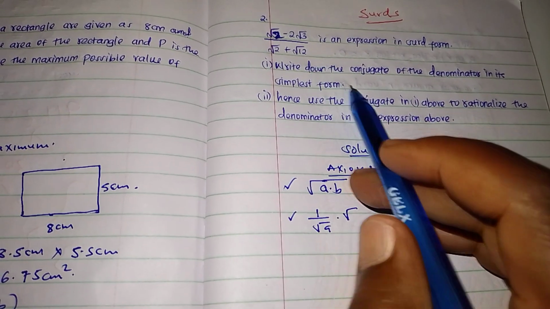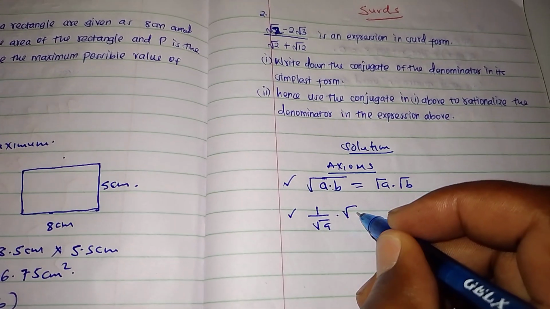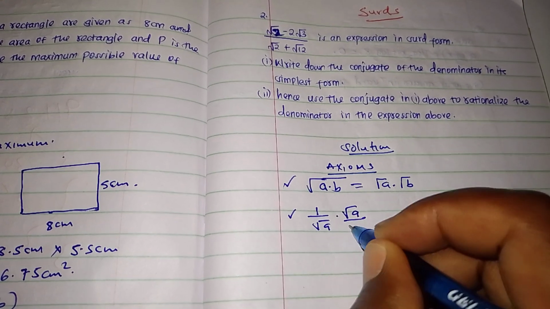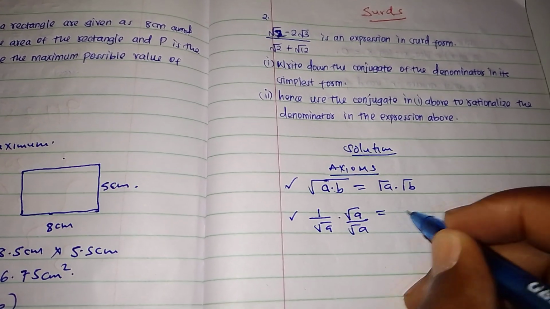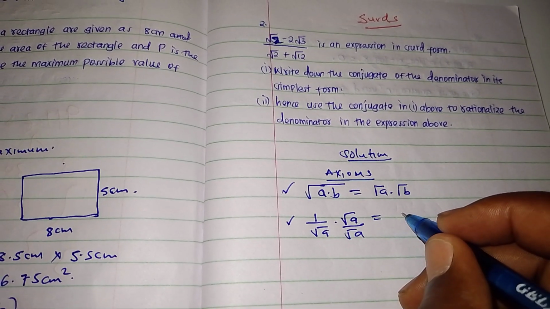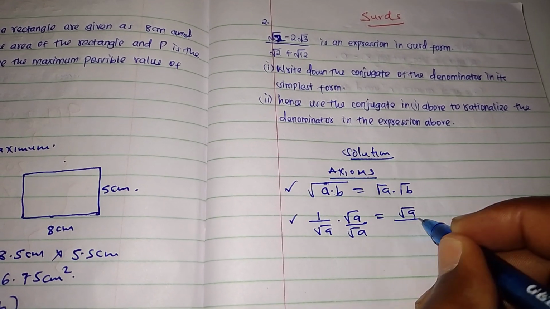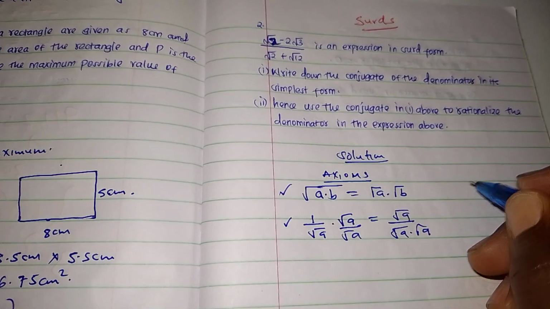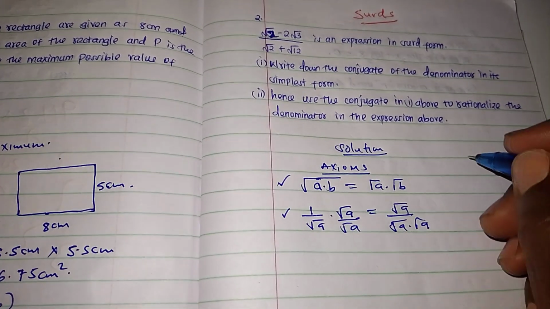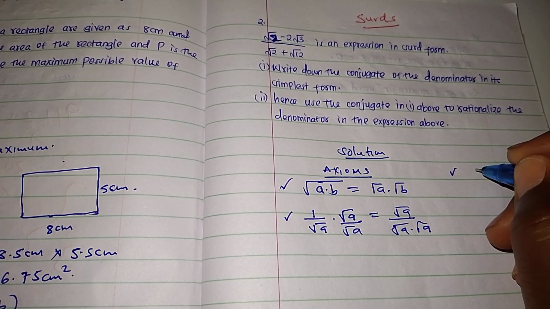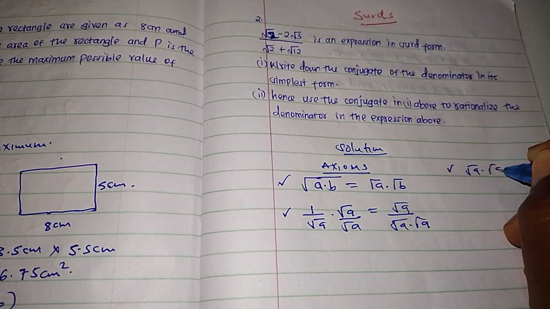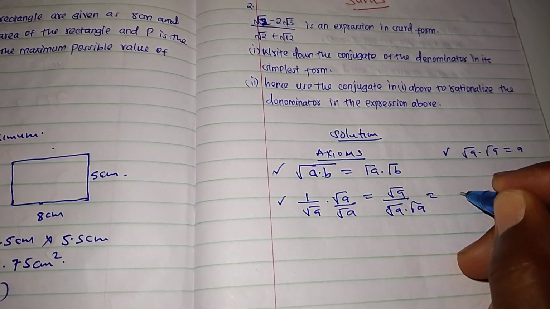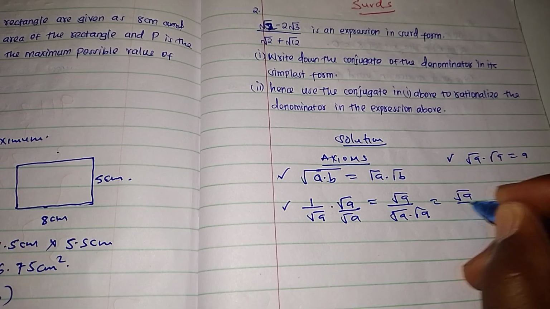The conjugate of root A is root A, that gives us root A over root A times root A, and you know very well there is an axiom that root A times root A is just A. So this one can be applicable here, and we have that.